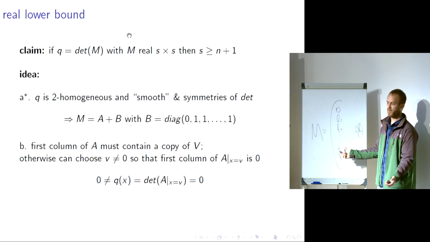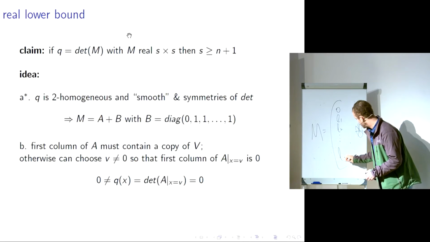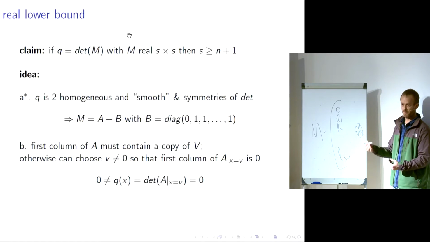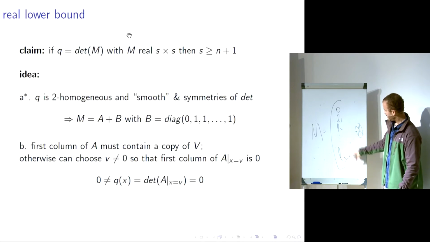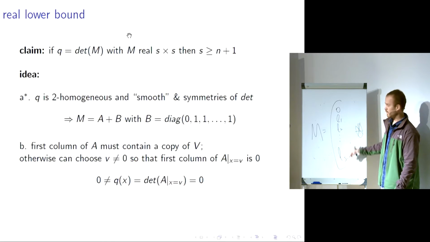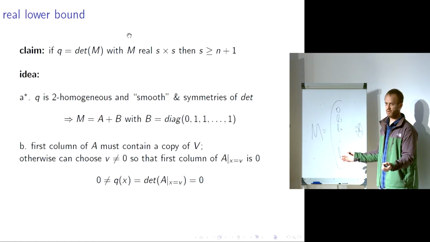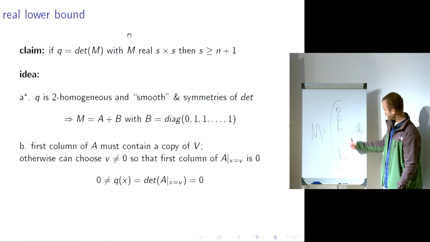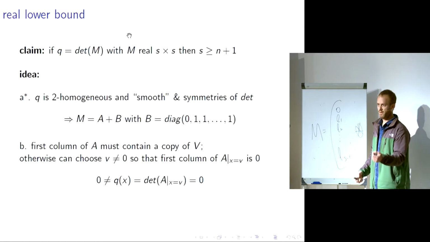There are S minus 1 of them, the size of the matrix minus 1. Now, if this number is smaller than n, we can make all of these linear functions 0 with a non-zero assignment, which is a contradiction. So the number of linear functions is at least n, which means that S is at least n plus 1.